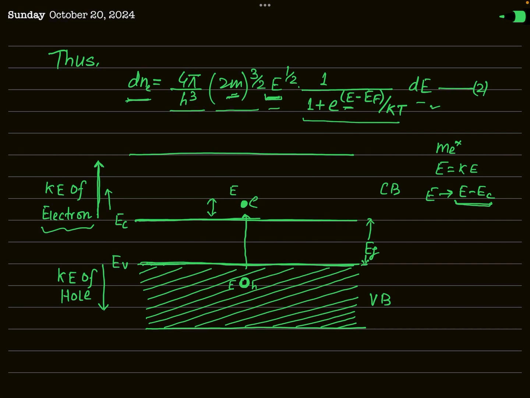And in this downward direction, the kinetic energy of hole will increase. And so the lowest energy of the hole will be minus infinity. Mark it. Here the highest energy of electron was plus infinity and lowest energy of this hole will be minus infinity.